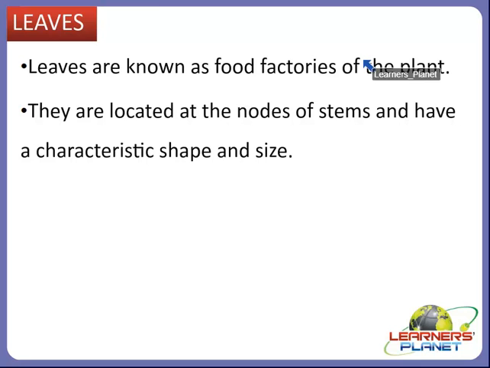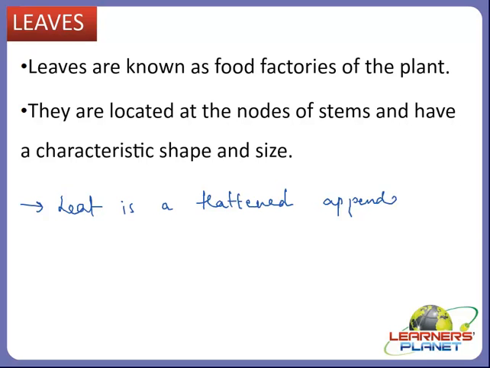So what can we tell about leaves? Yes, leaf is a flattened and expanded appendage of stem, or we can say that leaf is a branch which develops from its node.